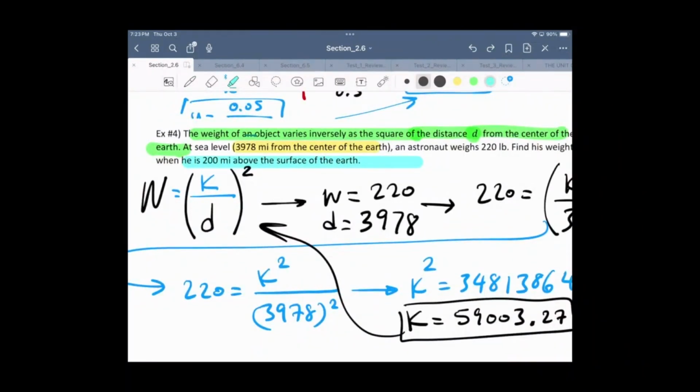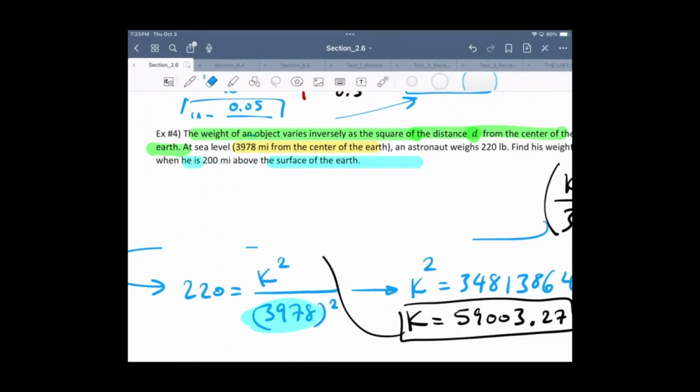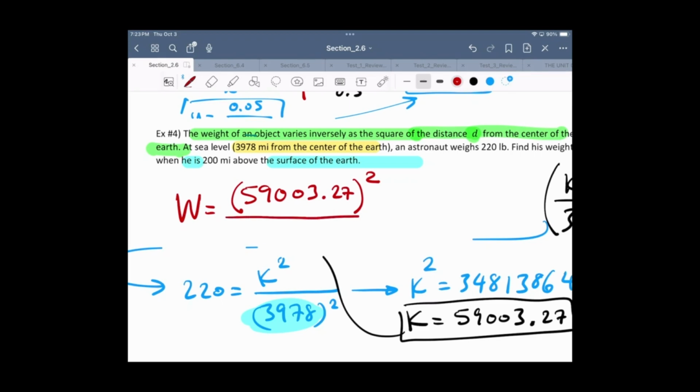So instead of 3,978, since I'm a little bit short of space here, I'm going to erase this and rewrite this. We're looking for the weight of this astronaut 200 miles above the surface of the Earth. You can see in here that we've already found what K is, right? K is 59,003.27, and we know in the formula we have to square that, divided by the distance.